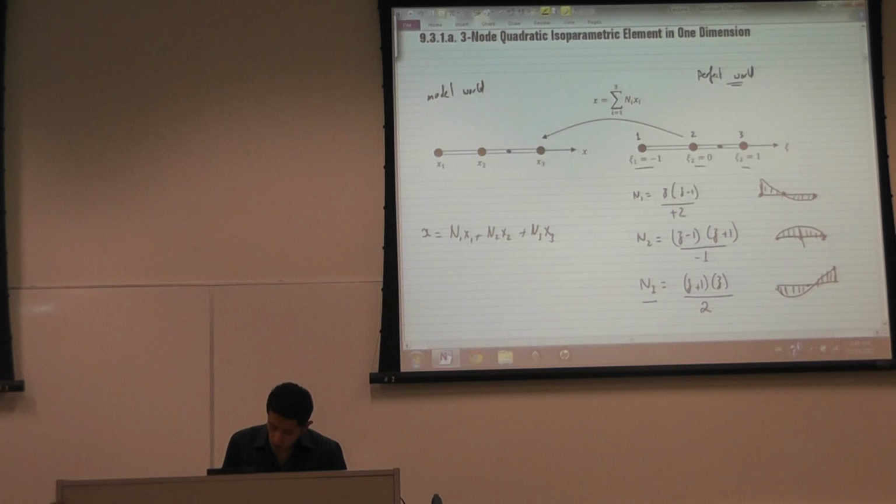For this point xi is equal to -1. Put xi equal to -1 in these functions, and you get that x is equal to x1.